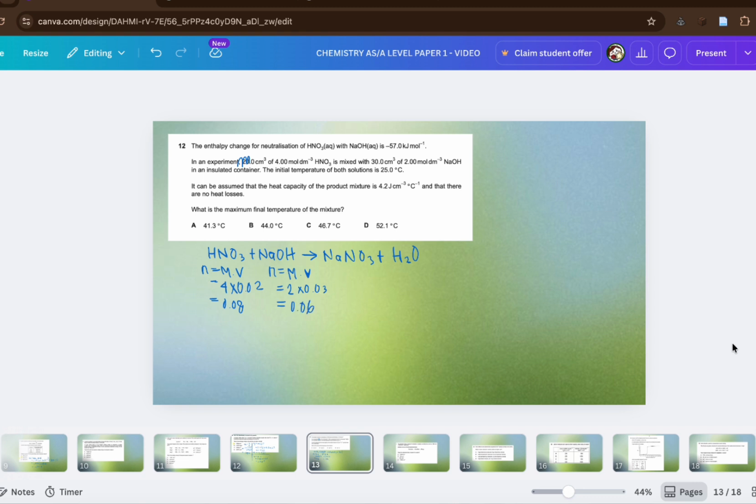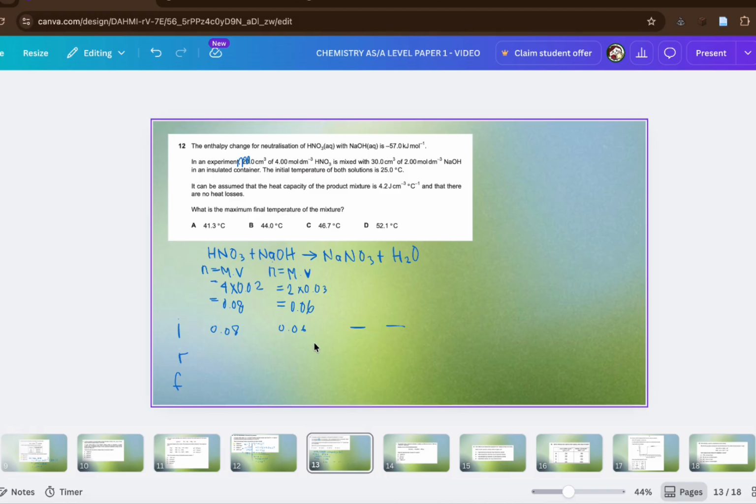We have to calculate the reaction. Initial, reaction, the final product. Of course, you will write the moles here, 0.08, 0.06. Of course, these don't have any moles because they haven't existed.